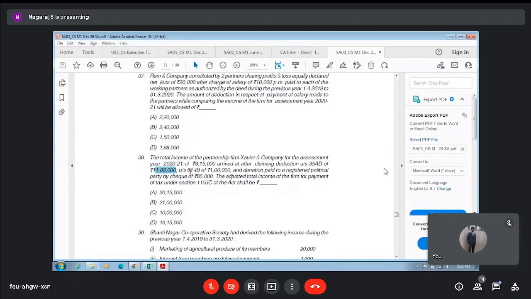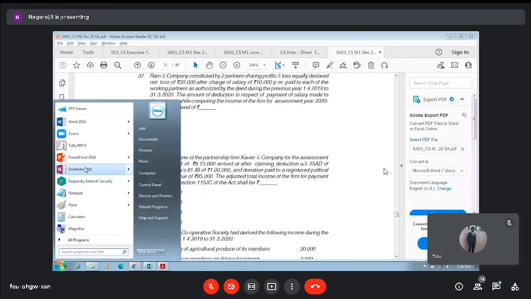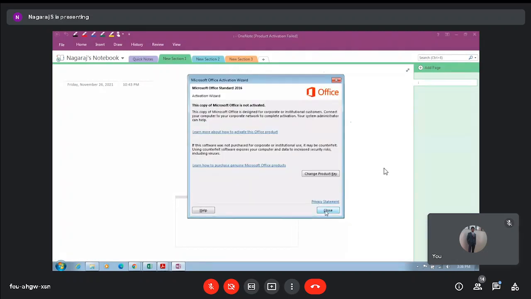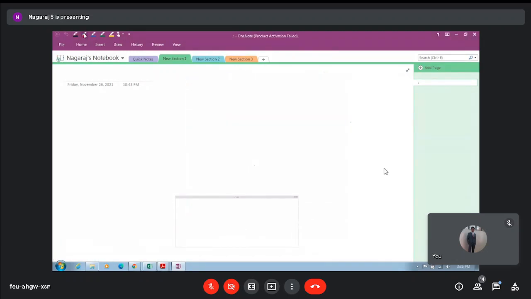IB. It is not 1, it is I, because see the difference. One is they have written like this. They have written 1 like this.